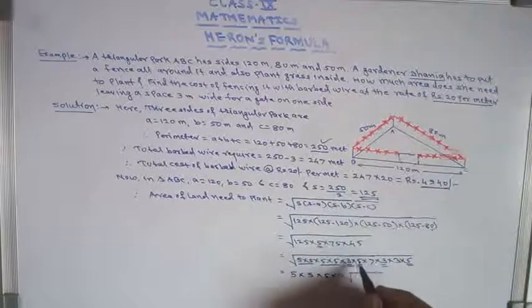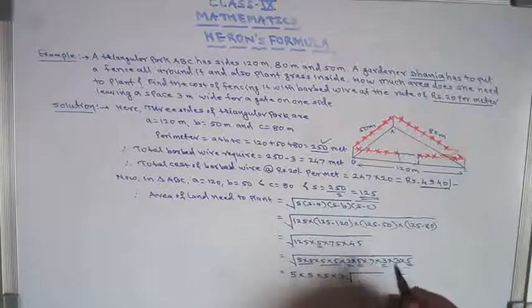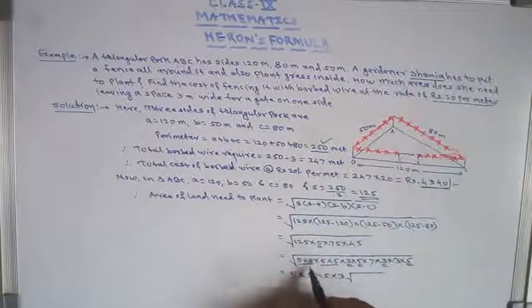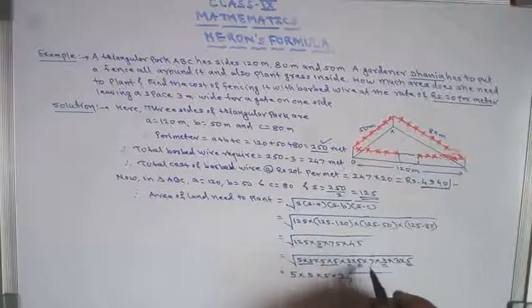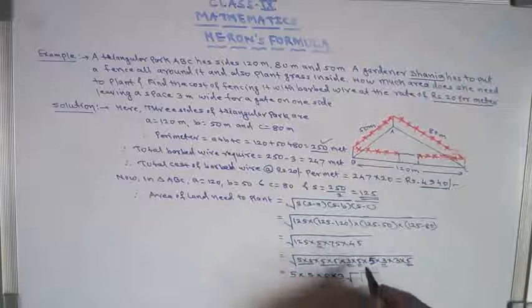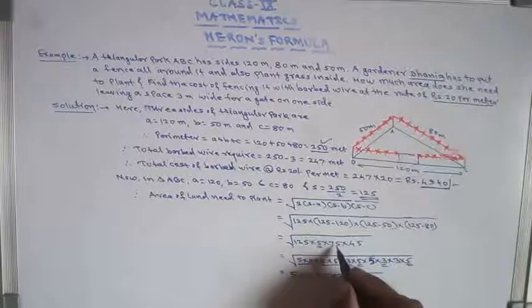Here 125, this 3 times this 5, this will be 15 into 5, 75.